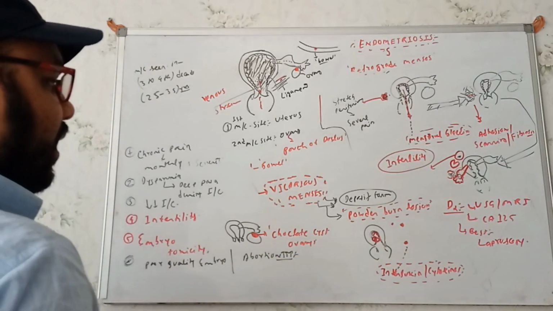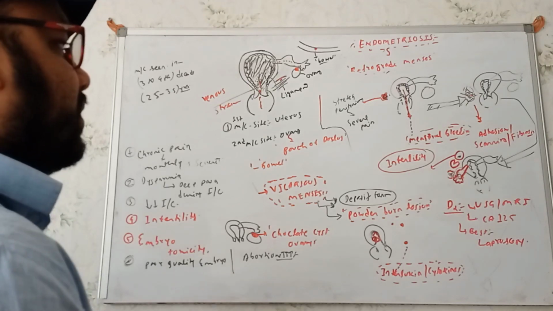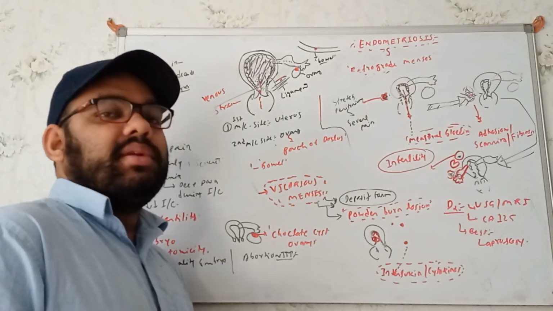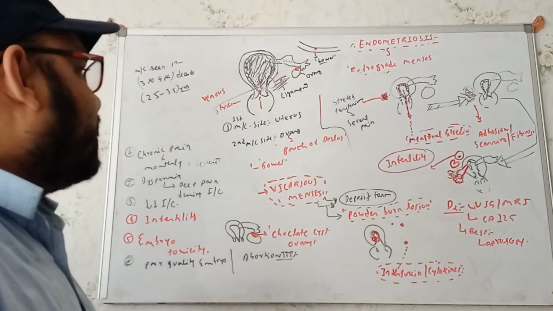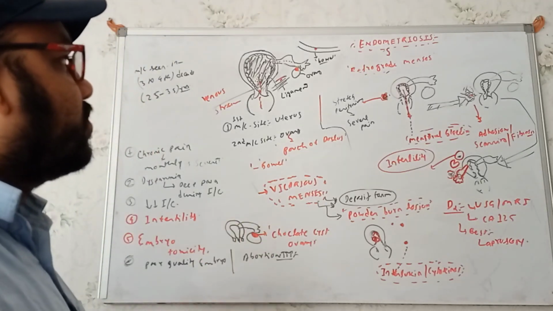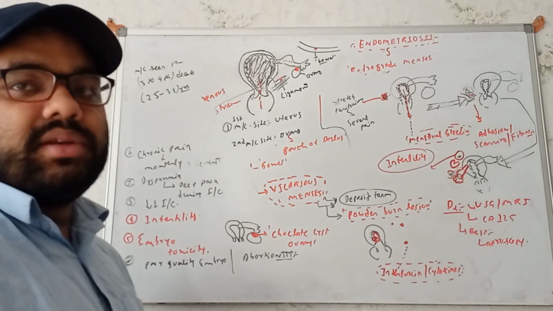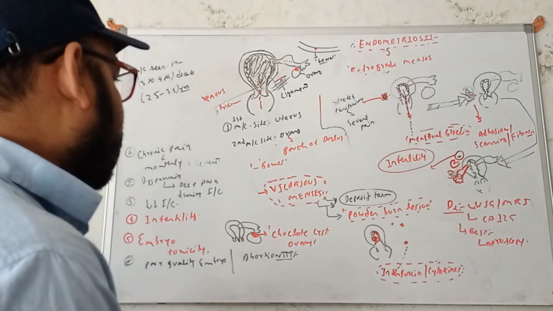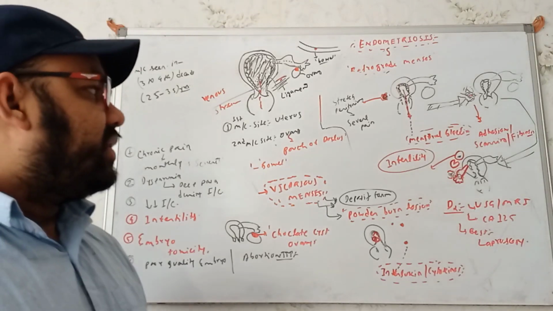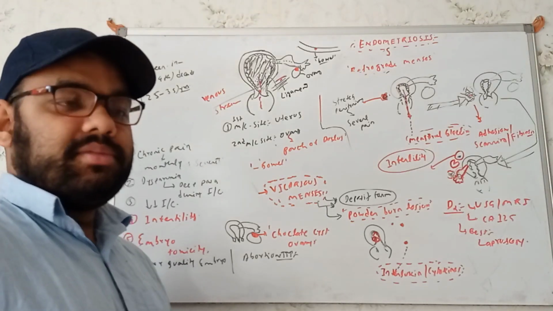Okay, now let's talk about the treatment part. We can do two types of treatment, surgical and medical. In terms of endometriosis, we should prefer the medical management rather than the surgical management. Let's go one by one. First we will go to the surgical management, then we will go to the medical management.